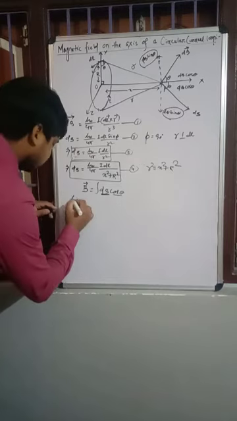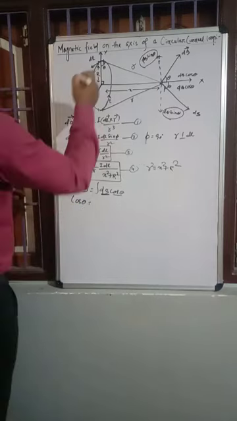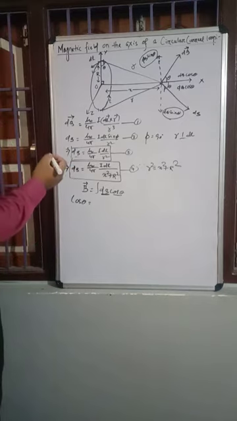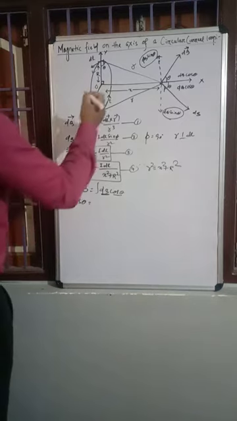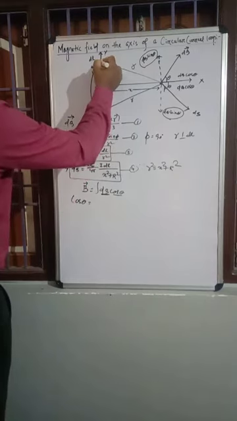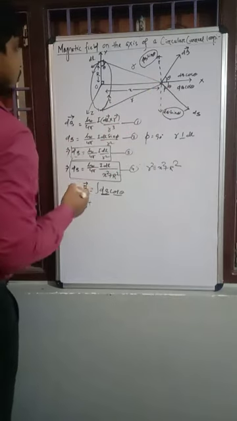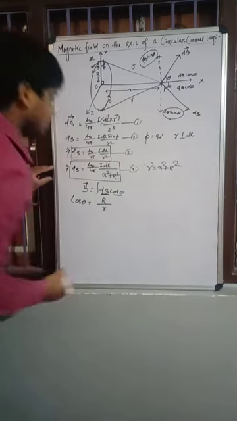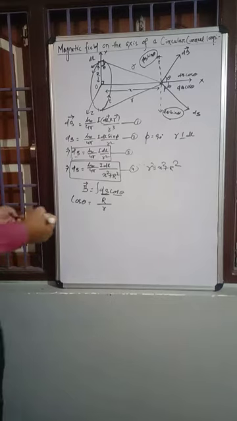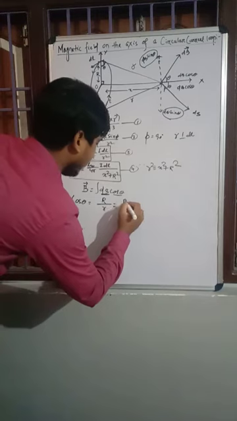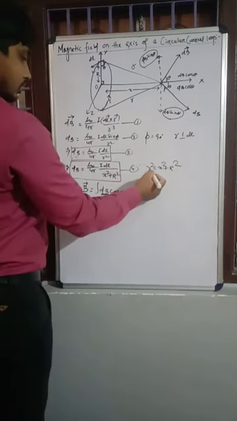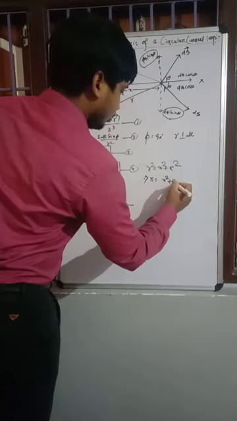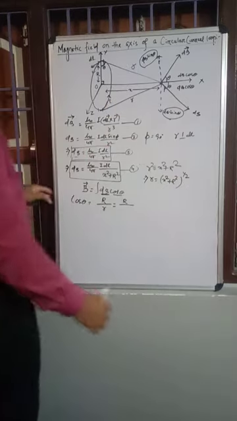So the cos theta value in this right angle triangle will be equal to, this is theta, this one is the base, this is the perpendicular, this is the hypotenuse, capital R by small r, and this can be written as R divided by small r, where from here I can write small r is equal to x square plus r square, all to the power half.